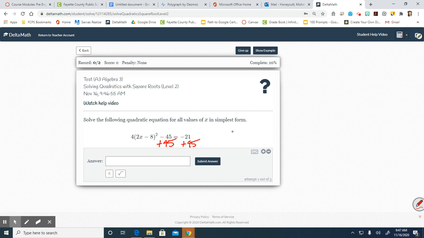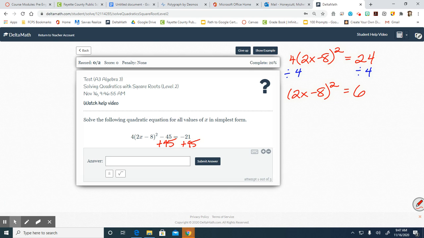I'll have 4 times 2x minus 8 quantity squared equals negative 21 plus 45 is 24. Then I can divide both sides by 4. So I'll have 2x minus 8 quantity squared equals 24 divided by 4 is 6.